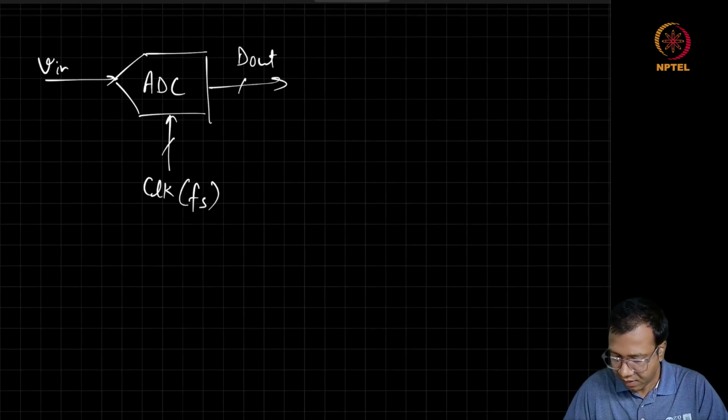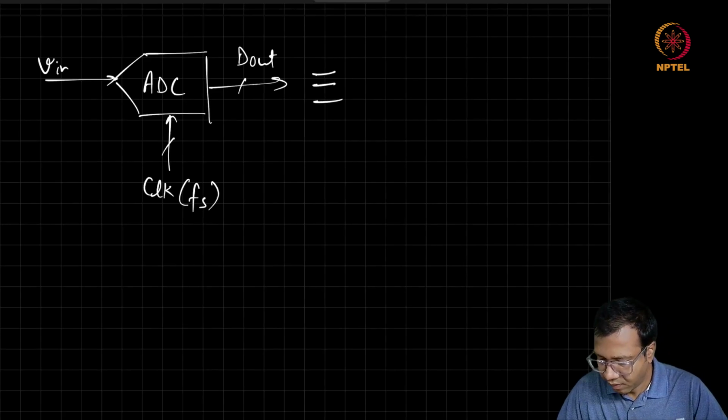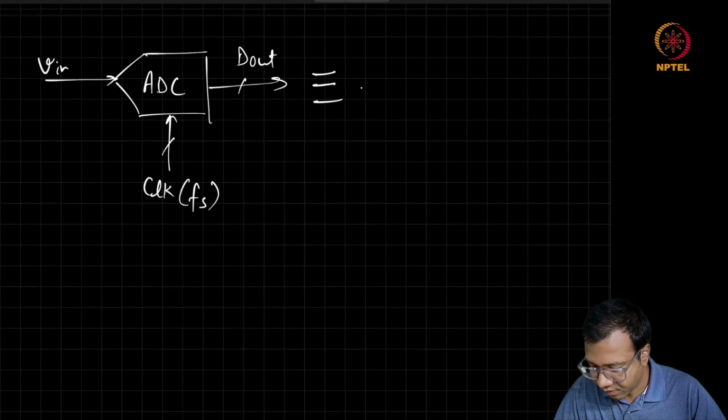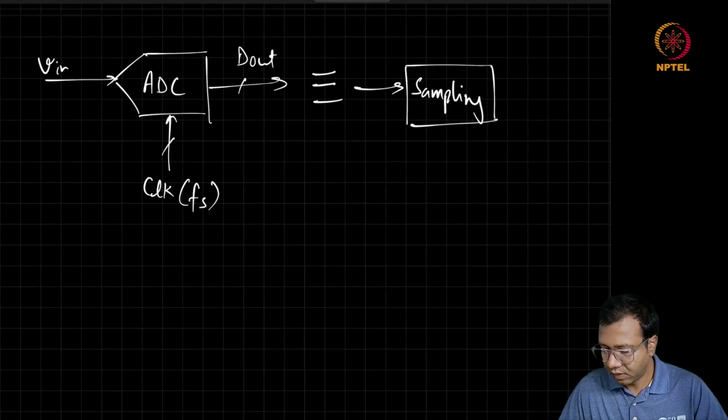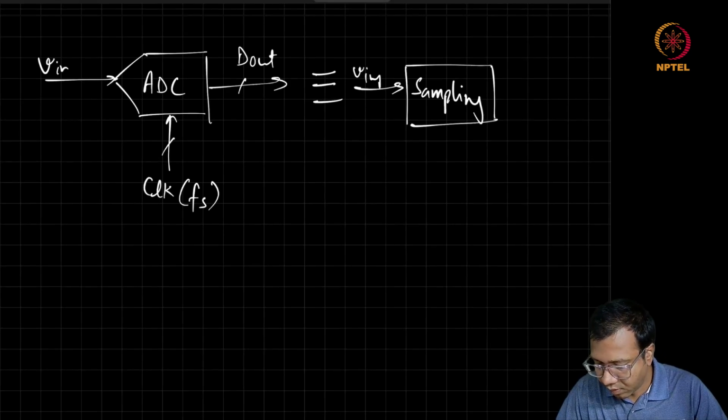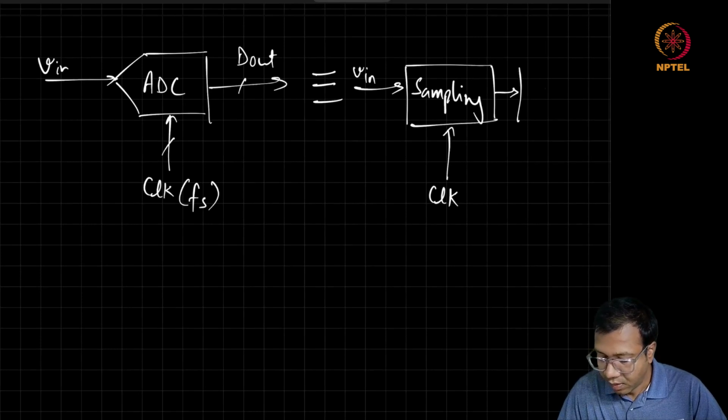So inside an ADC, two steps are going to take place. First step is sampling. Once we have taken a sample of the input with the help of a clock signal, the next step is to quantize.